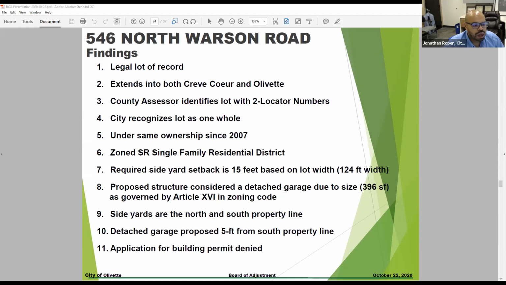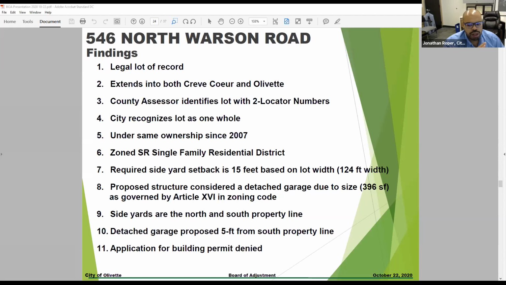546 North Worcester Road is a legal lot of record. The property extends both into the City of Creve Coeur and Olivette. It's located off Worcester Road, where if you're driving south on Worcester Road, south of Olive Boulevard, all the properties on the east, on the right side of the road, would be Creve Coeur.